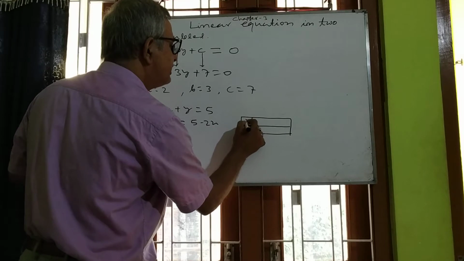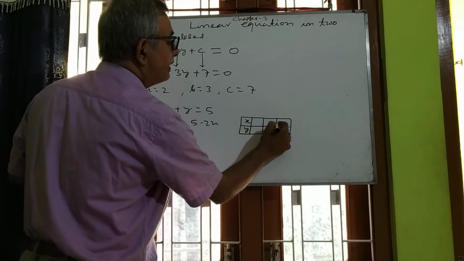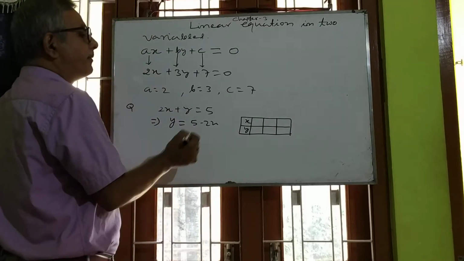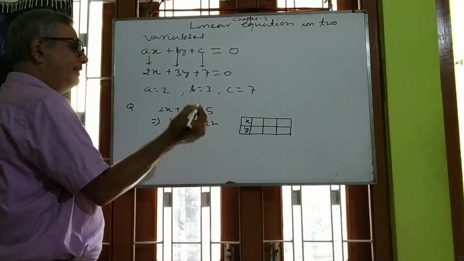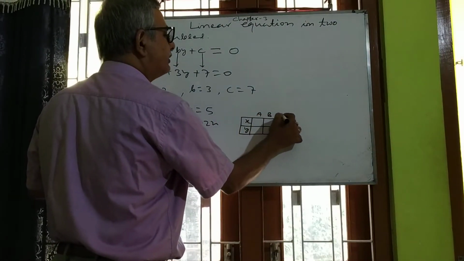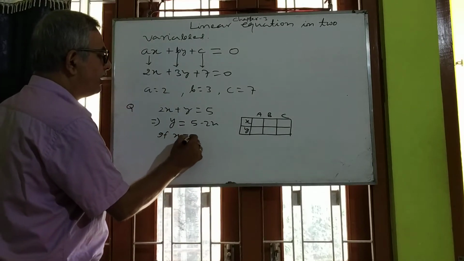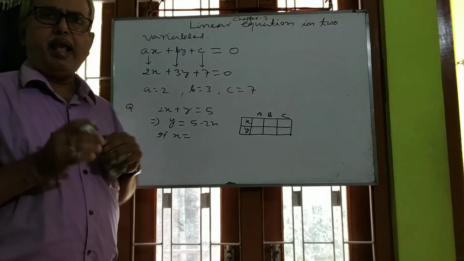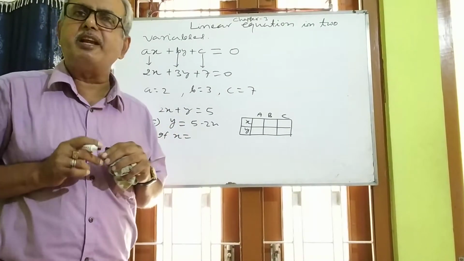Here you see, dear friends, x and y. Here, listen. It is enough. 3 points is enough to draw a graph. x is the independent variable, but y is called the dependent variable.